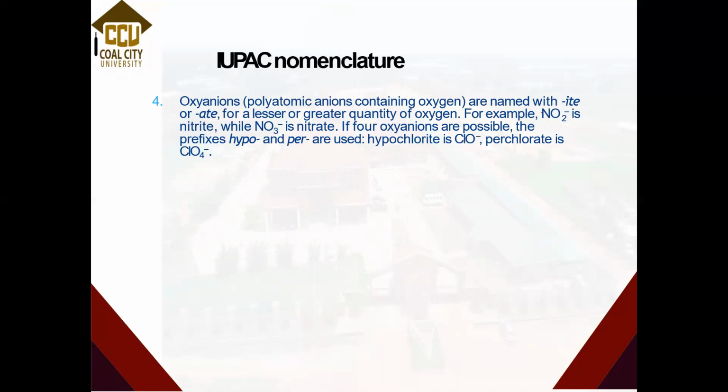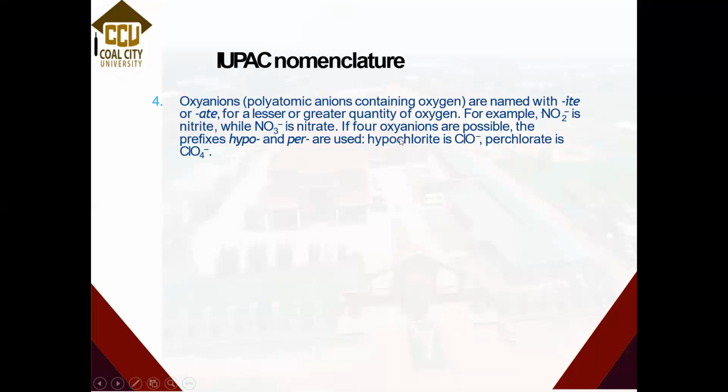So we call this kind of compounds oxyanion compounds. These are compounds that contain oxygen and the anion. You can see nitrogen there is being combined with oxygen to form an oxyanion. And because the oxygen is more here, we call it nitrate. It is less here, we call it nitrite. Don't mix it up. NO2- and NO3-, they have different names.